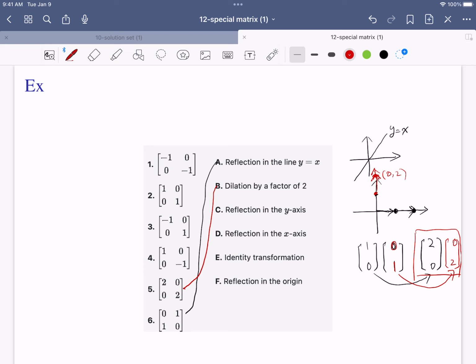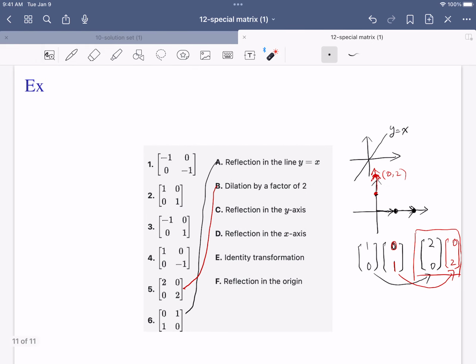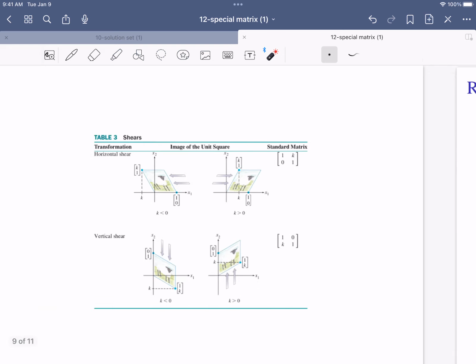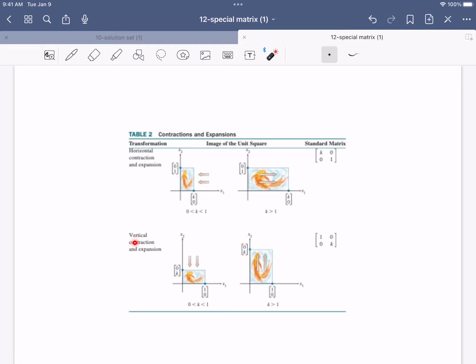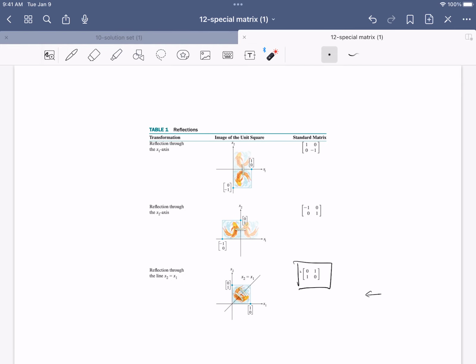Reflection in the y-axis. Reflection in the y-axis means reflection in this axis, the vertical axis. Reflection through the x2 axis, the vertical axis.